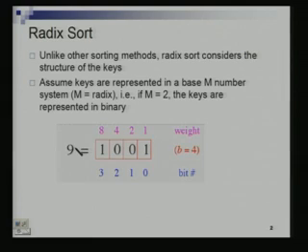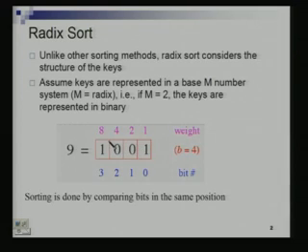I can represent 9 in some other base also, base 3 let us say. Then m would become 3, and I can still use that to do the sorting, and we will see how.